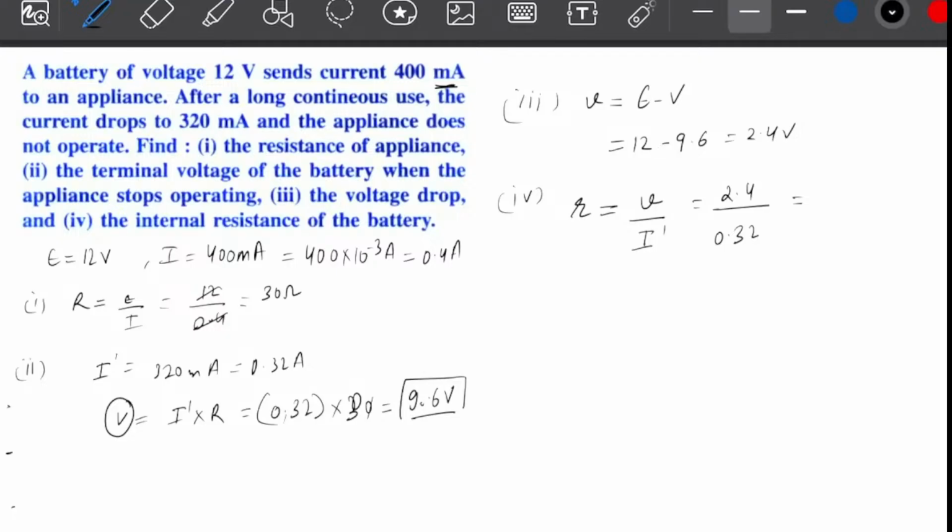Calculating these values together, it would come to be 7.5 ohms. So this is how we are supposed to make answers to these questions.